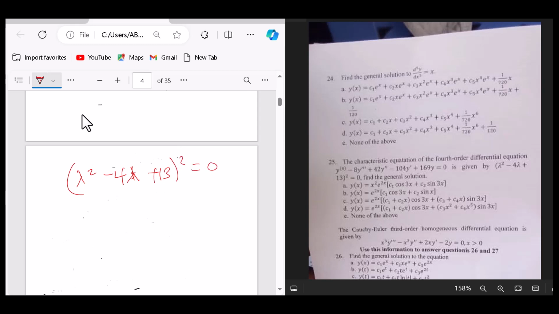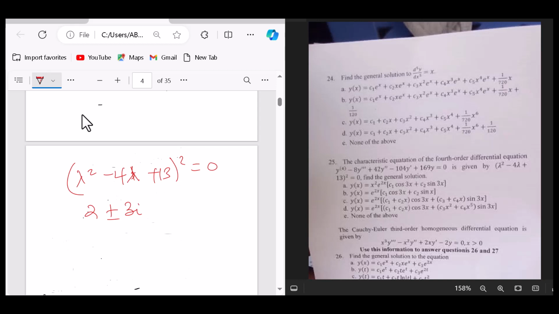So here if you use calculator to solve what is inside, I think you will get something like 2 plus 3i, so the conjugate pair of this.